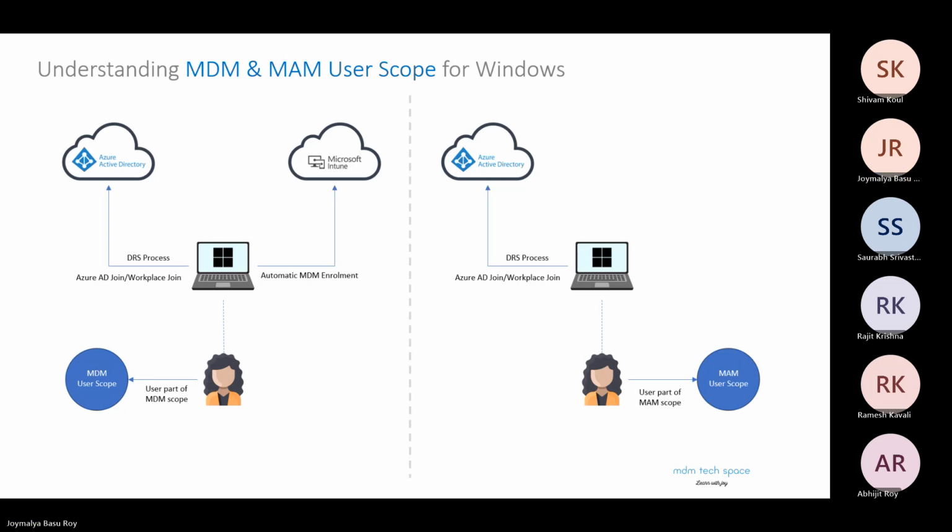In some cases, if the user is part of the MAM scope, it will get MAM-only enrollment to Intune, which was used previously for Windows Information Protection, which is not used anymore. In these scenarios, if you want the device to be MDM managed as well, then you can go ahead and do a manual MDM-only enrollment to the device.